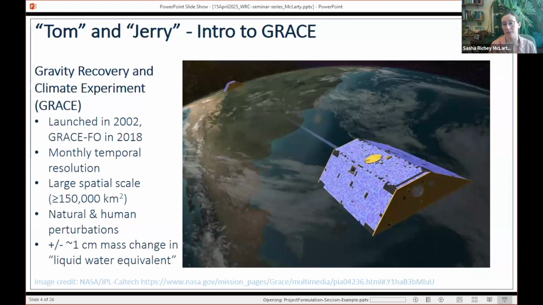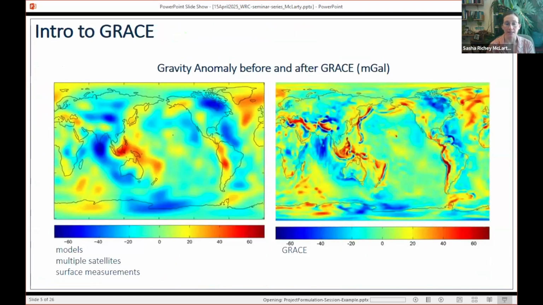So liquid water equivalent is just if you spread a volume of water out over a specified area, how deep would that water be? And then how is that changing? So really a remarkably high accuracy estimate for something flying in space, right? But as we'll see, maybe not high enough accuracy.